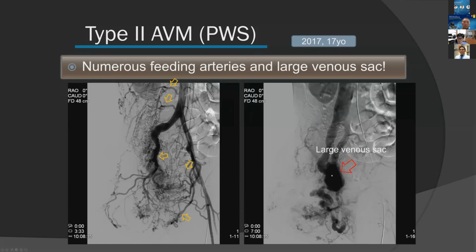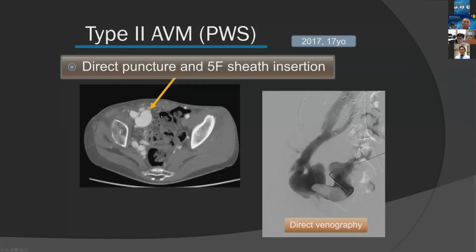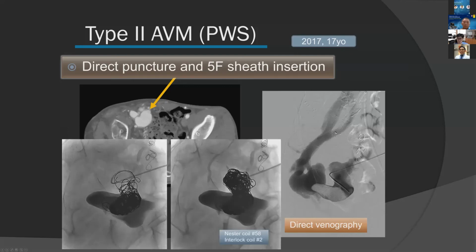So I wanted to embolize the large venous sac first. With direct puncture like this, I inserted a 5 French sheath and 5 French catheter here, and then 60 pushable and detachable coils were deployed in the region.